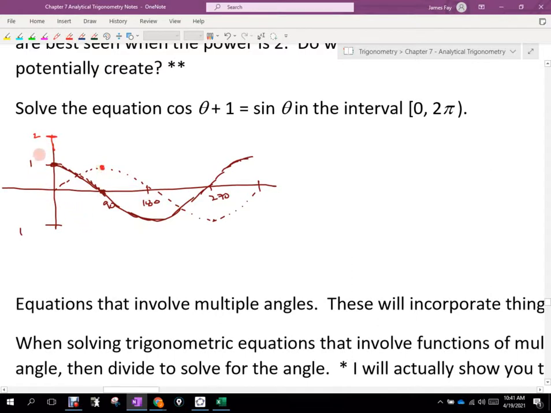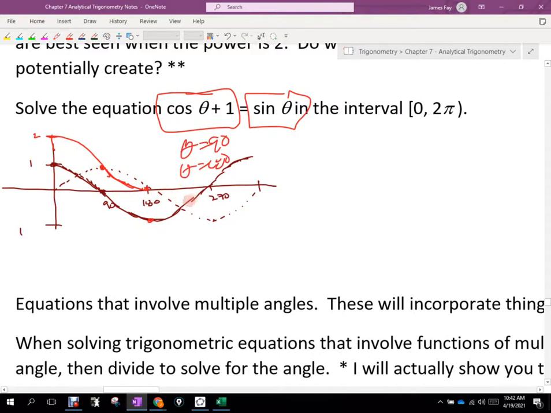Does that make sense? So would that be showing right there? So the dotted curve is that one, right? And the red one right now is that one. Am I showing right here at theta equals 90 that they're the same? Does that make sense? And if this one here at -1 goes up 1, so cosine theta plus 1, right there, I'd be showing as well that the sine and the cosine plus 1 intersect at 180.